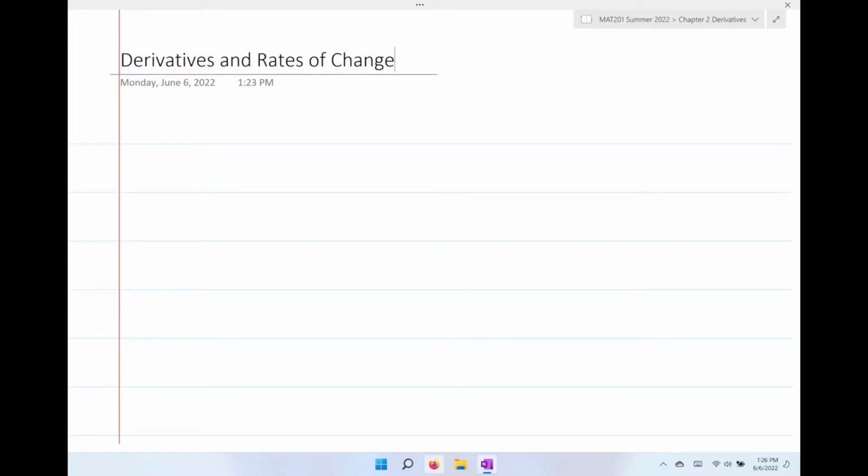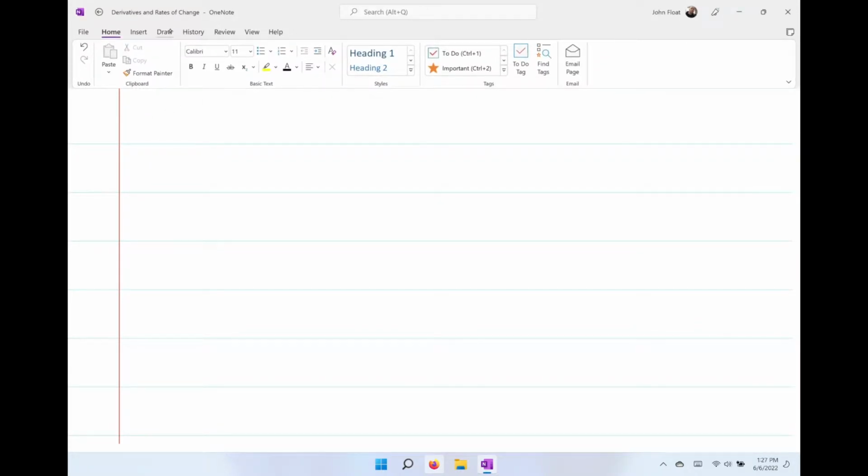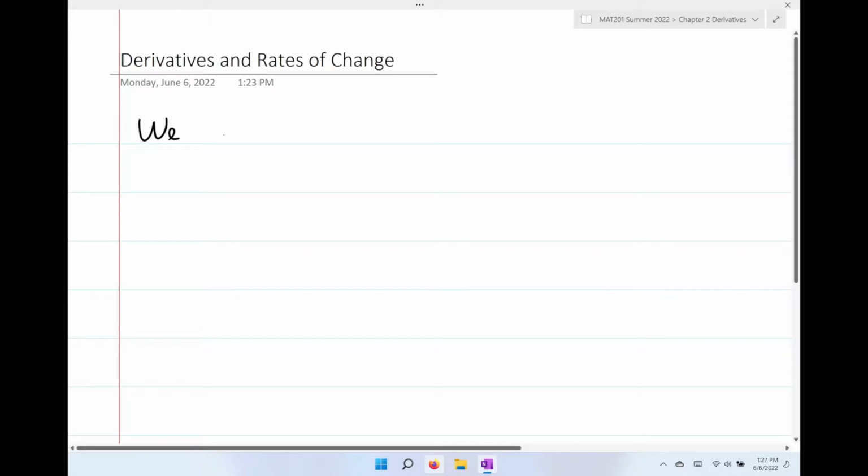Hi, everyone. Now, in this chapter, we're going to be talking about derivatives. So, I think a really good approach to understanding what a derivative is to start with something that we know. For example, let's say we have y as a function of x.